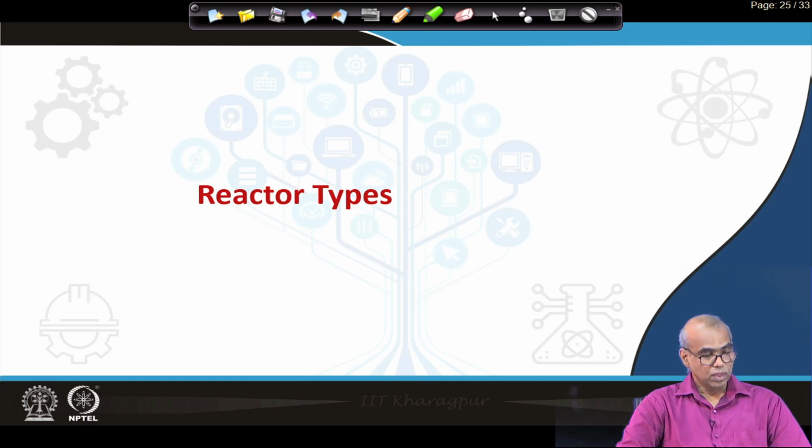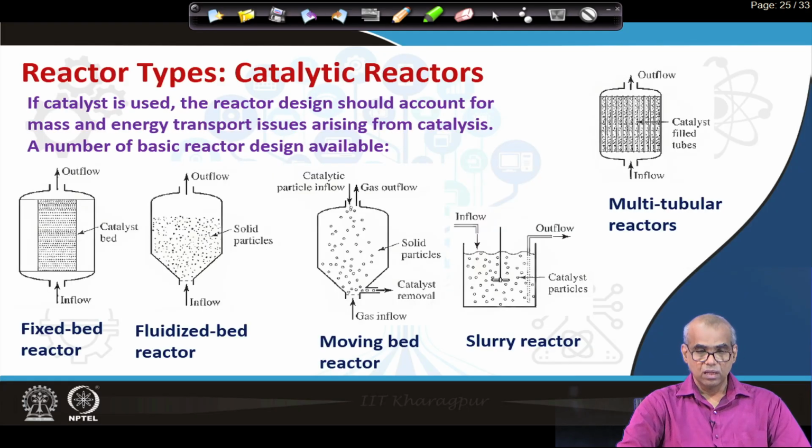Now, we will briefly talk about a few reactor types. Catalytic reactors. If catalyst is used, the reactor design should account for mass and energy transport issues that arise due to the presence of catalyst.